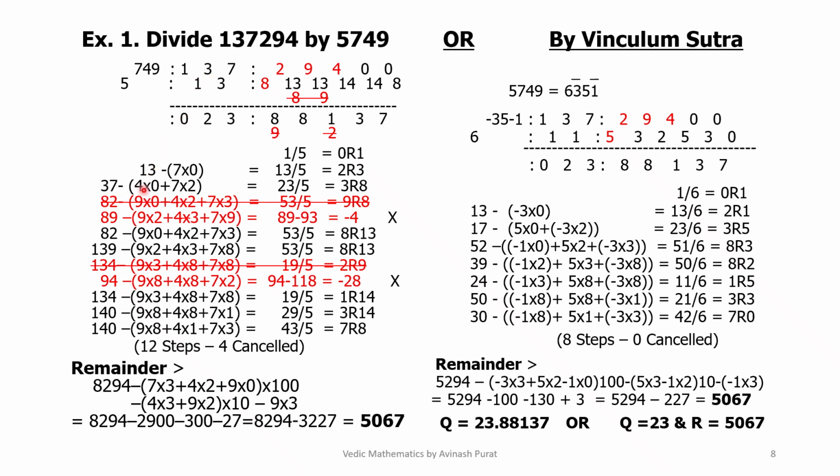13 minus 7 into 0 equal to 13 divided by 5 equal to 2 is quotient and 3 is remainder. Now 37 is dividend minus 4 into 0 plus 7 into 2 equal to 23 divided by 5 equal to 3 as quotient and 8 is remainder.